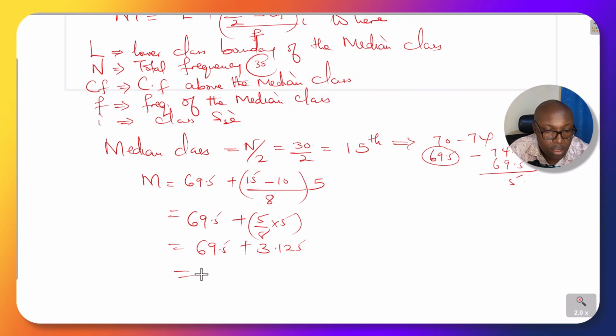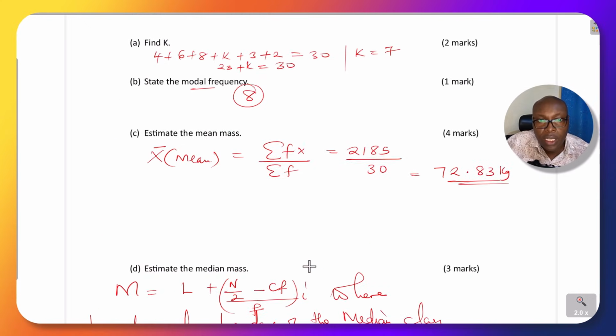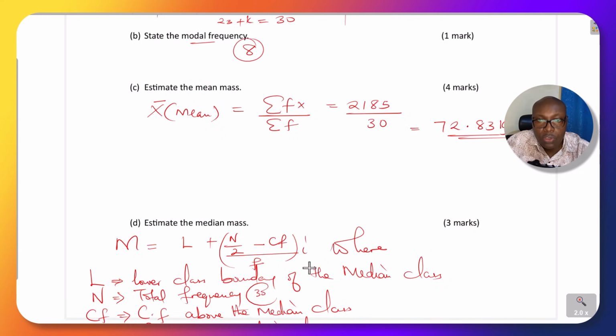And when you add these, you'll get 72.63 kg. So that is simply how you're supposed to solve that question.